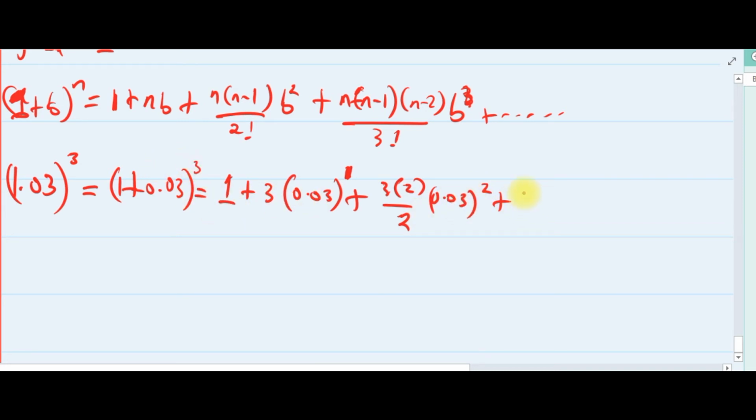The fourth one is now 3 times 2 times 3 minus 1 over 3 factorial, which is 3 times 2, times 0.03 raised to the power 3.